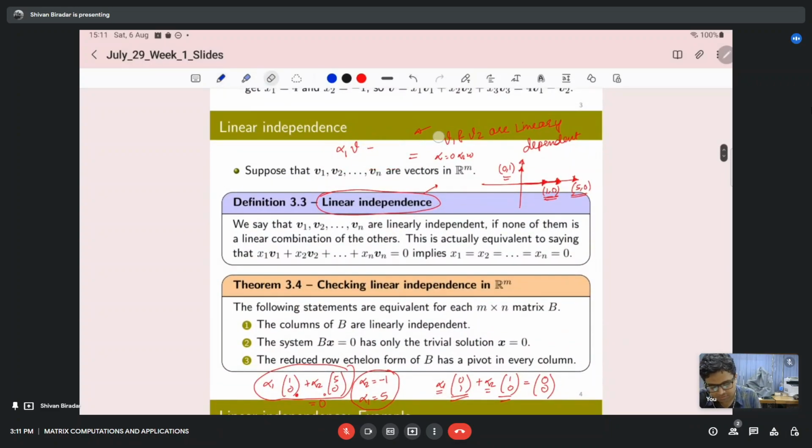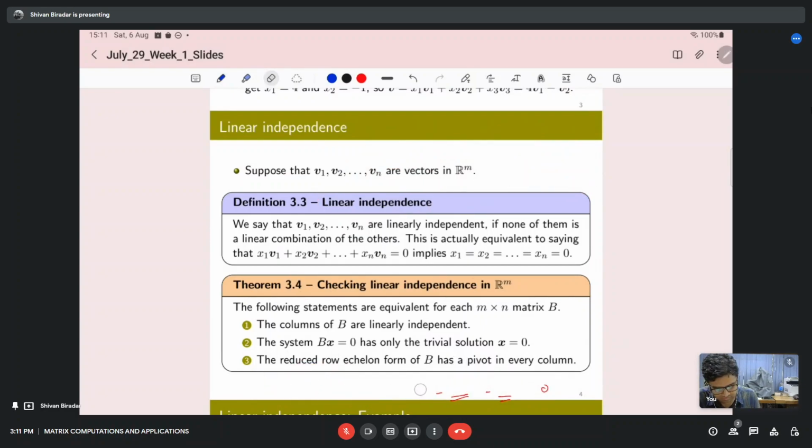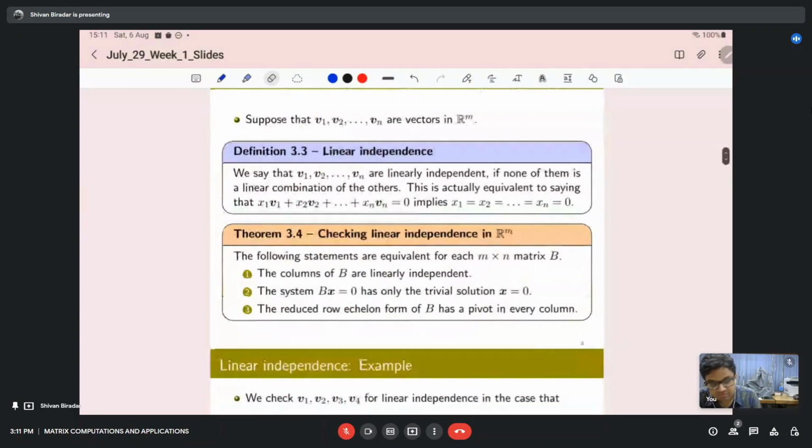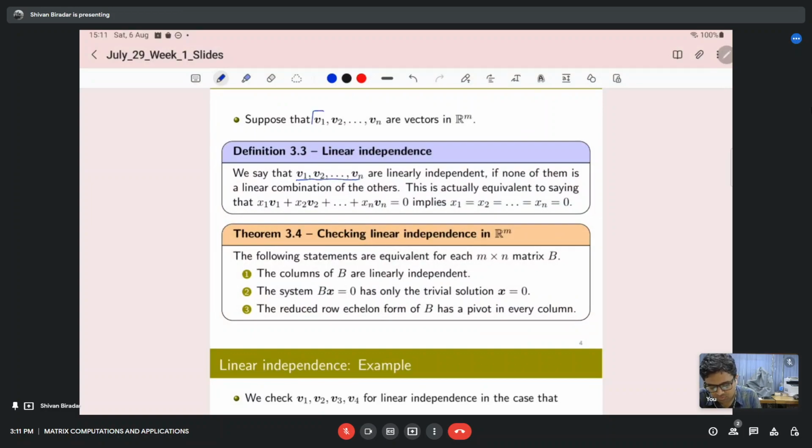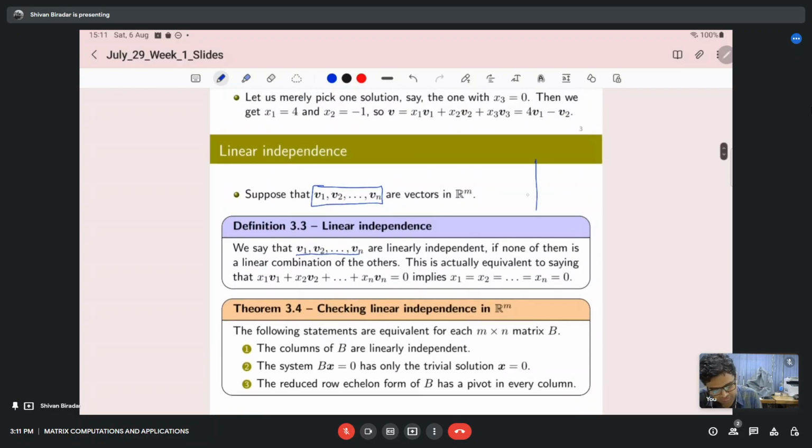So what is linear independence? Let us say that we have n vectors, and the question is whether these are linearly independent or not. A very simple way to answer this is to take the vectors 0, 1 and 1, 0 and ask whether v1 and v2 are linearly independent.